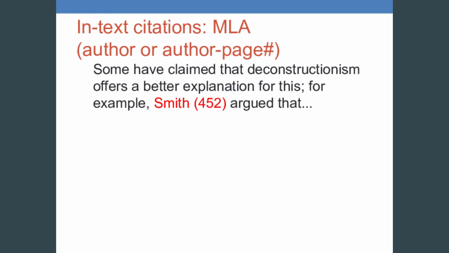And that's interesting. Why is that? You would include the page number if it's relevant. If it's a quotation from that page, you have to cite the page number if it's a direct quotation. Otherwise, if the information is just from that page, you can cite the page number. If not, if the information is from the whole article, you can just cite the author for the in-text citation in MLA.